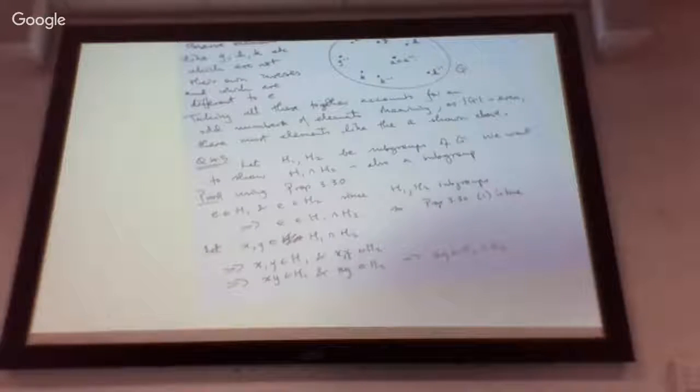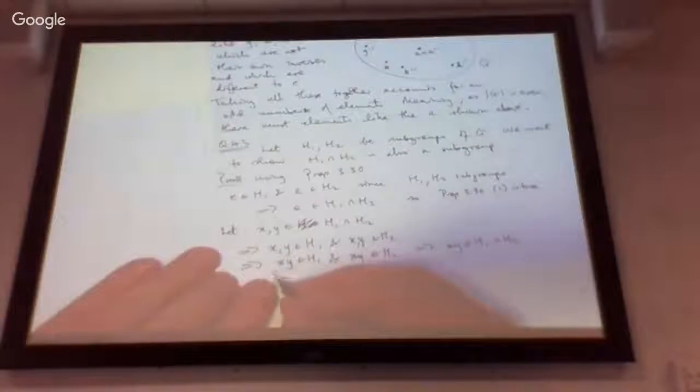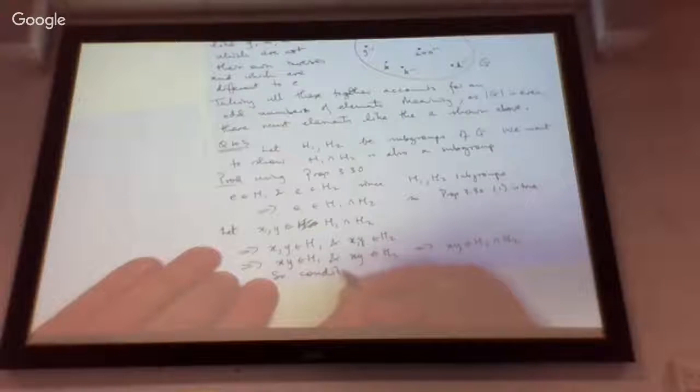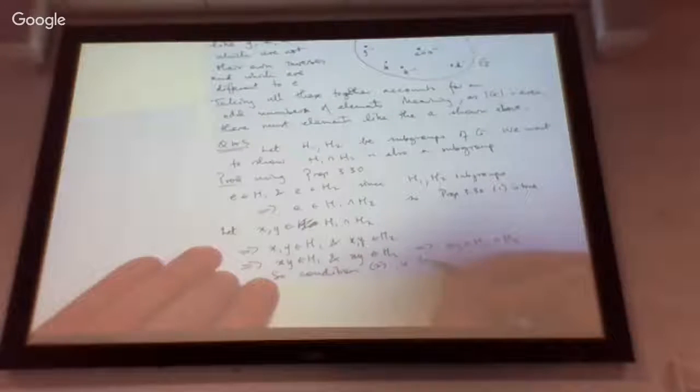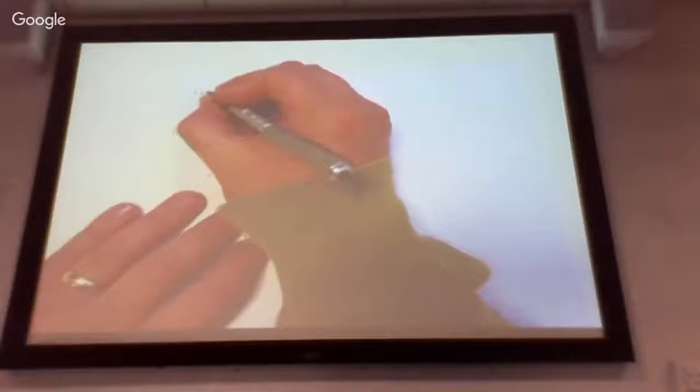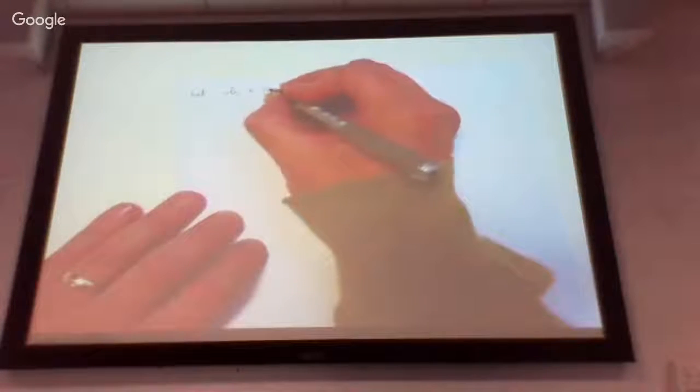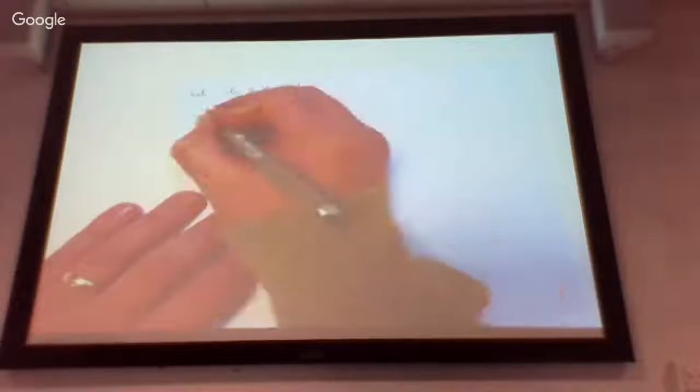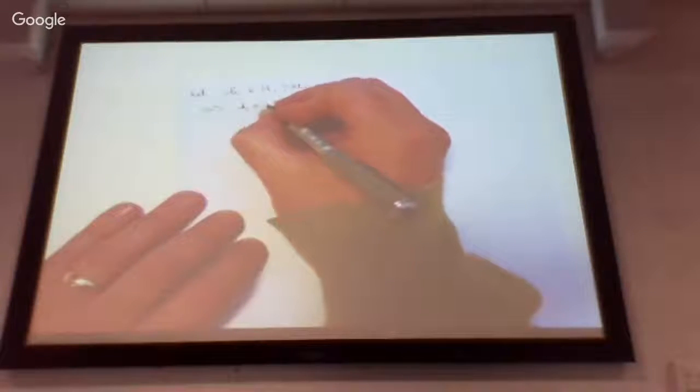So that's condition 2. So condition 2 is true from the proposition. And then we've just got the inverses one to do. And here, if we let H be any element in the intersection, so it's exactly the same kind of argument.